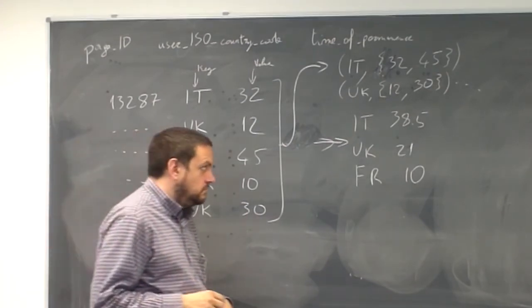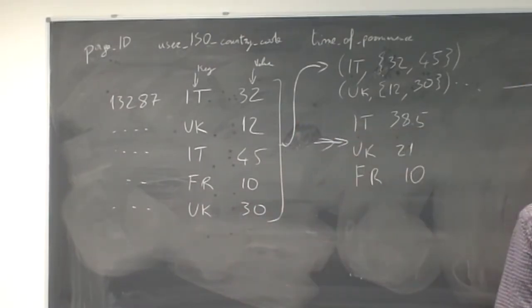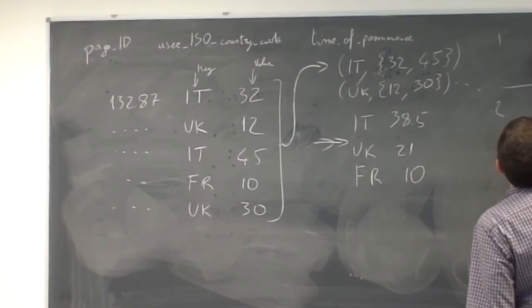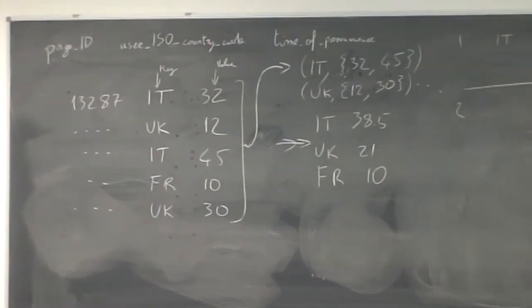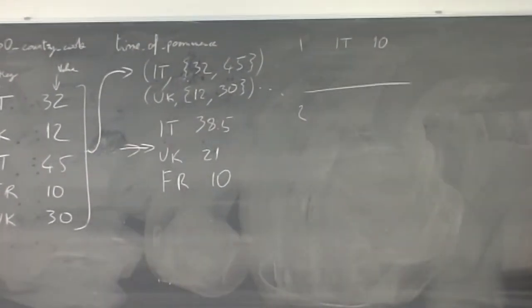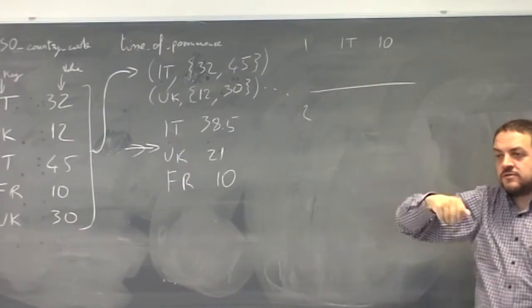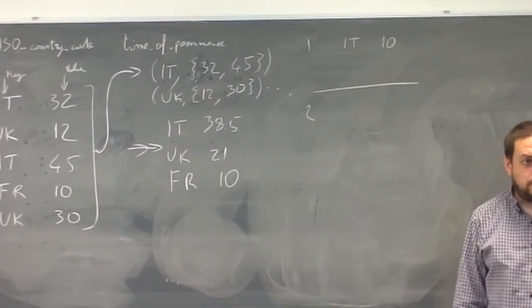Suppose that we have two servers, 1 and 2. The first received, I don't know, maybe it had only one record about Italy. The other records are from other countries around the world.